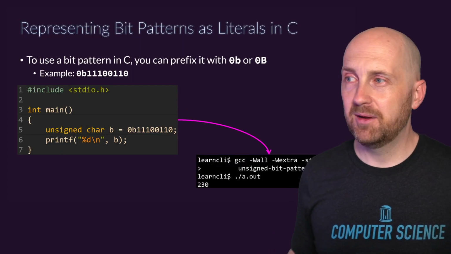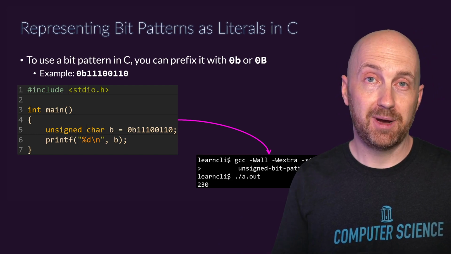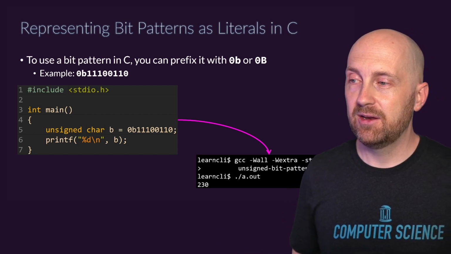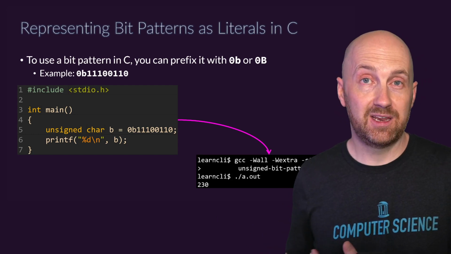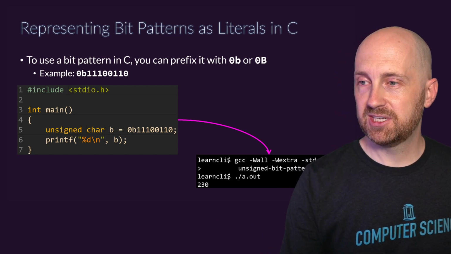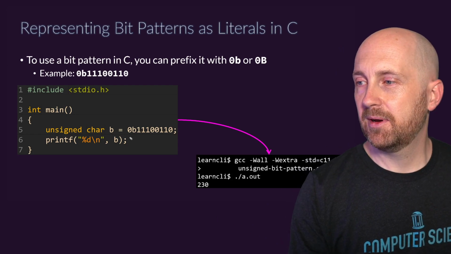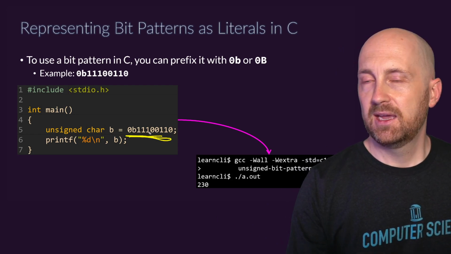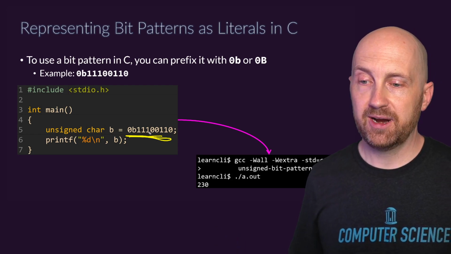So how do we represent bit literals in C? Well, we can use what's called a binary literal, and that is a 0 followed by a lowercase b and then your bit pattern after that. And there's an example of this here. I would encourage you to open up a new C file in your container. Maybe make a directory for it.